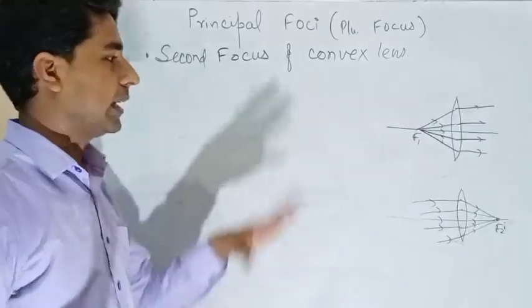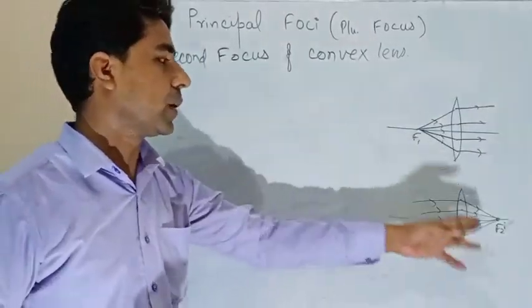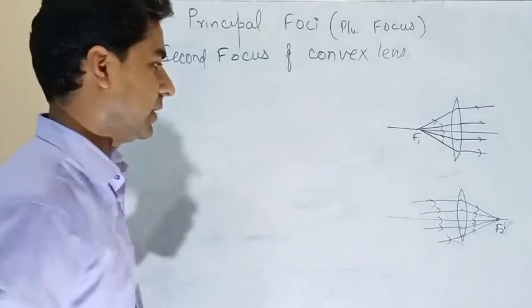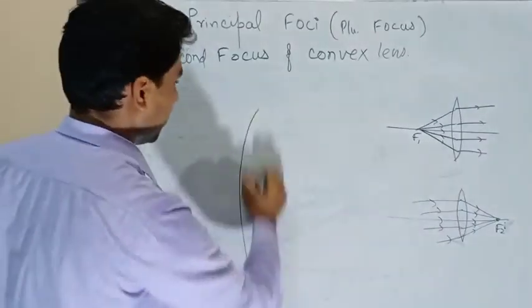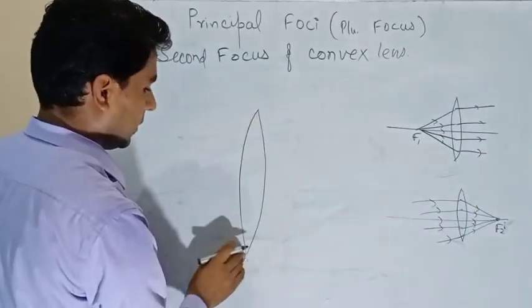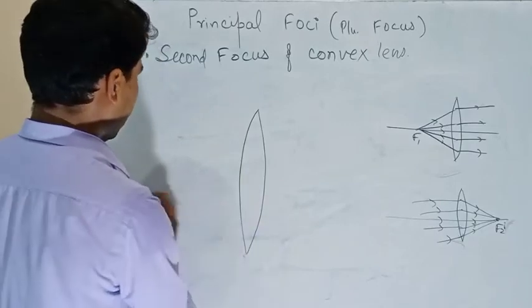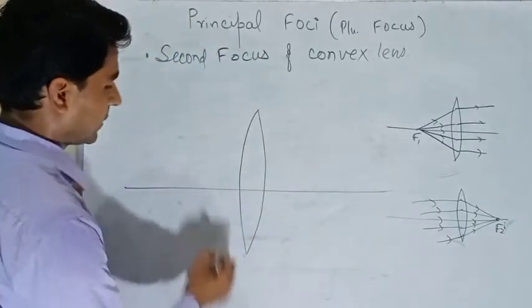In general, when we draw the diagram, what does it look like without any ray? So here I have drawn both the diagrams together, first focus and the second focus. Now in general, see here, this will be the lens, principal axis.